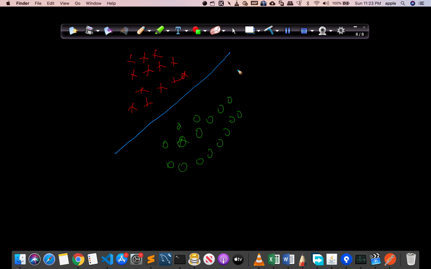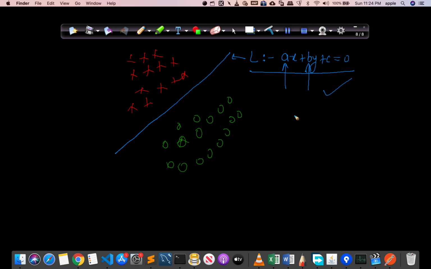Now, in 2D, what is the equation of the line? The line is ax plus by plus c equals 0. This is very simple. If we get the values of a and b, we can write the equation of this particular line.